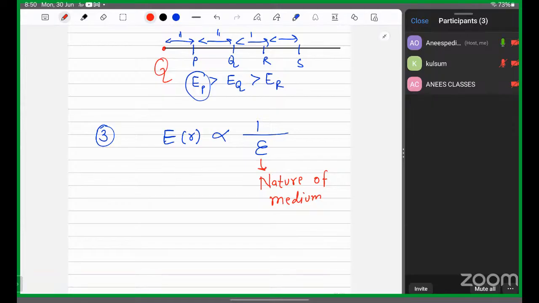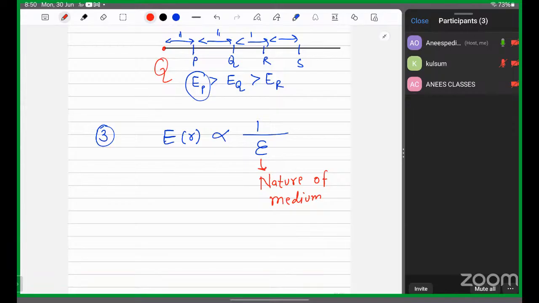If the source charge Q is in vacuum and you want the value of electric field E at distance R, it will be different. And if the same charge Q is placed in a different medium, let's say water, and you want the value of E at the same distance as in vacuum, the value of E in water will be different, it will be changed.